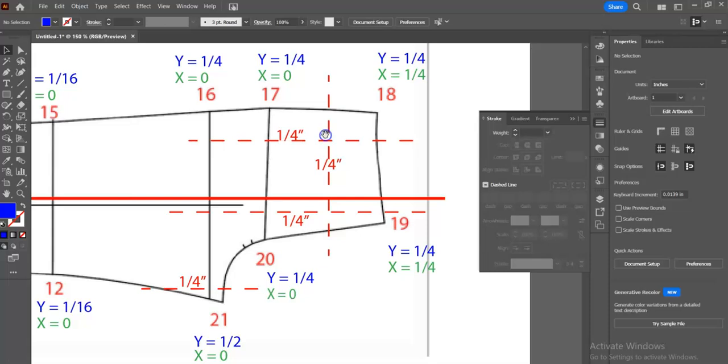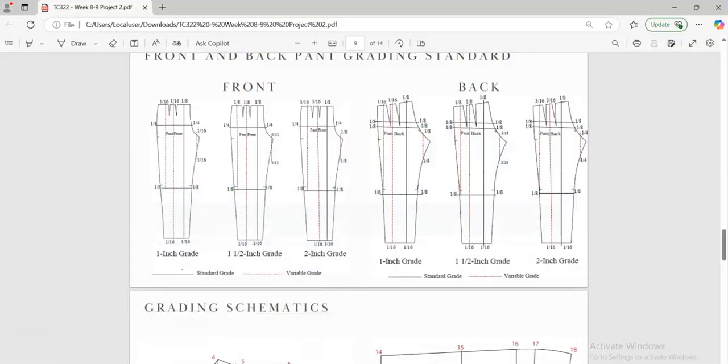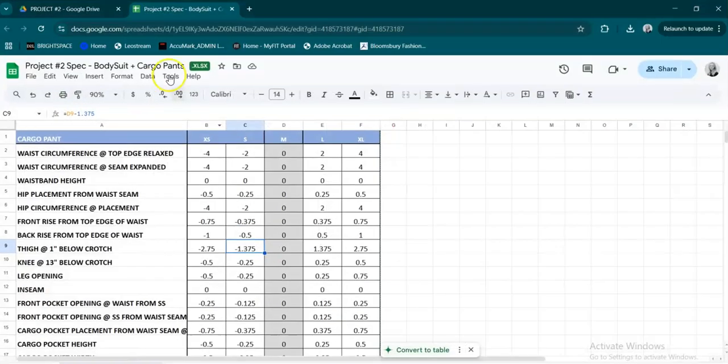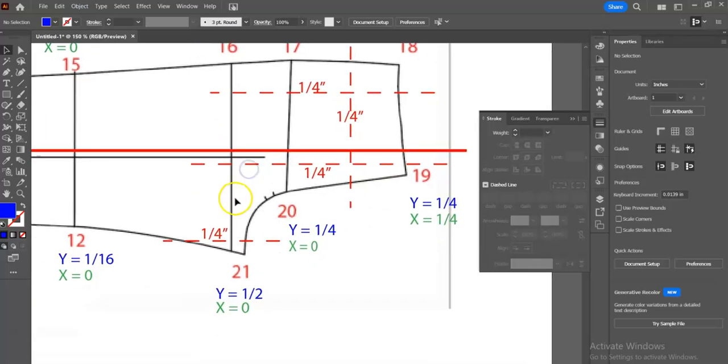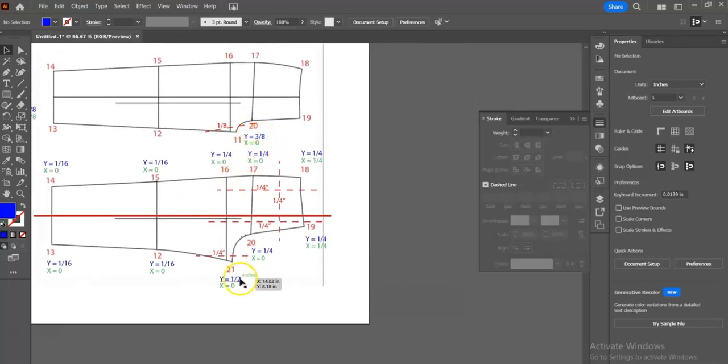The other way I could figure this out is by looking at my thigh grade, which is 1 3/8. Okay. So if I have 1 3/8 grade, if I look at what I've already accounted for, I have 3/8 here and I have a half here.